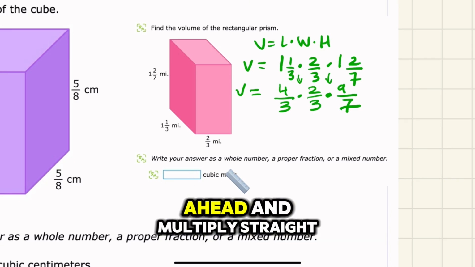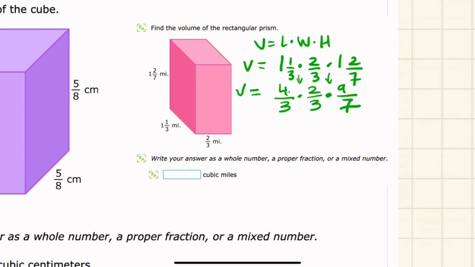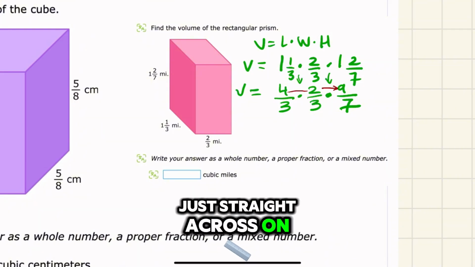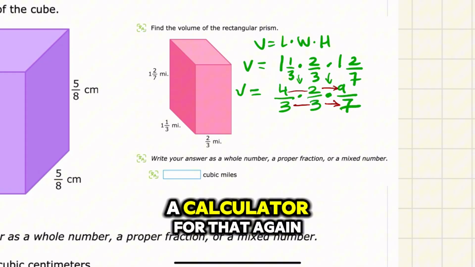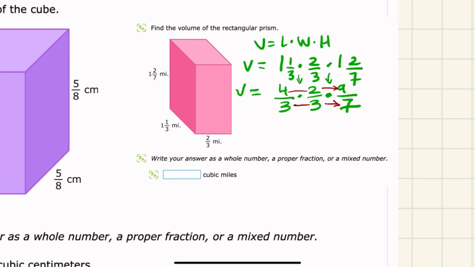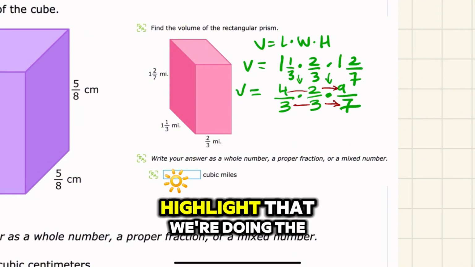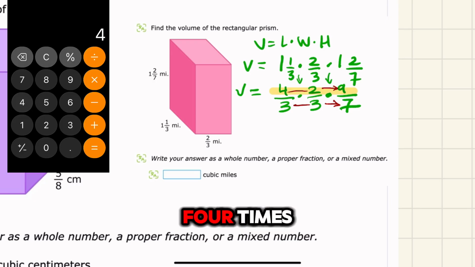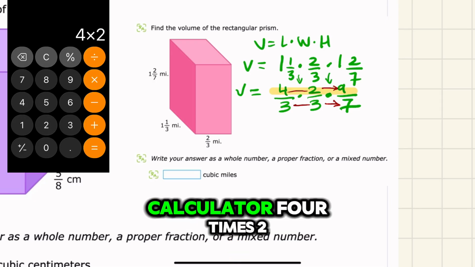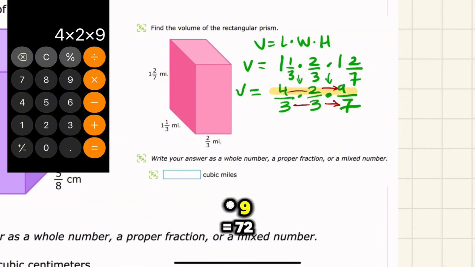Now you can go ahead and multiply straight across like we did before. So you're just going straight across on the top, straight across on the bottom. You can use a calculator for that again. So we'll do the numerators first. Numerators first, we'll go 4 times 2 times 9 equals 72.